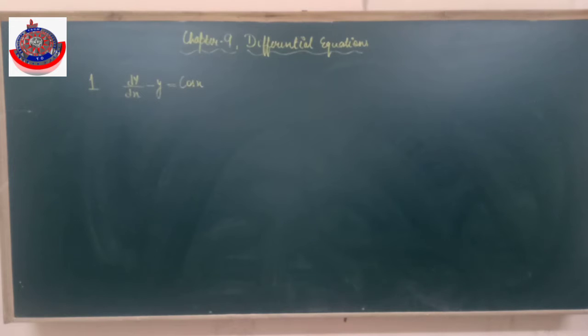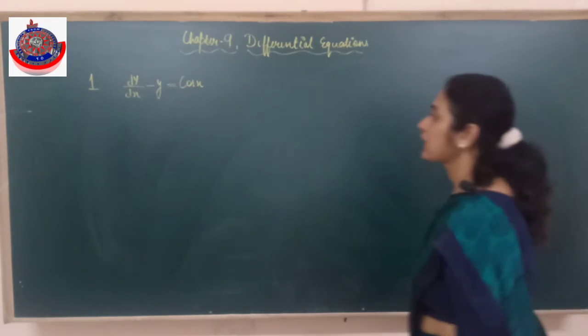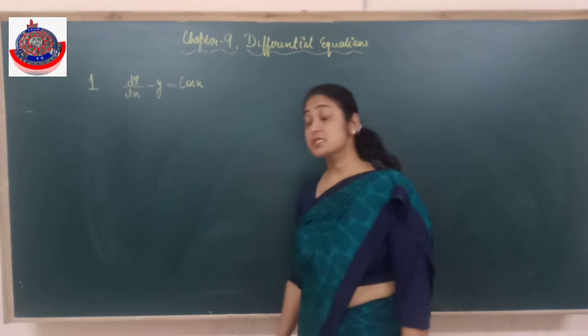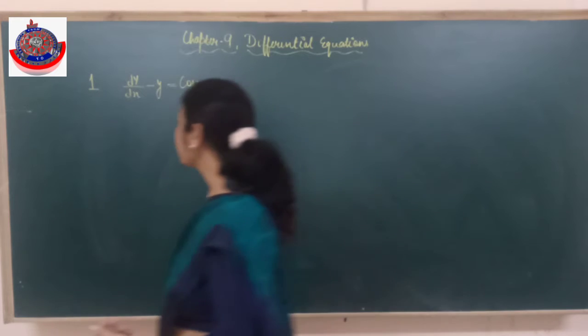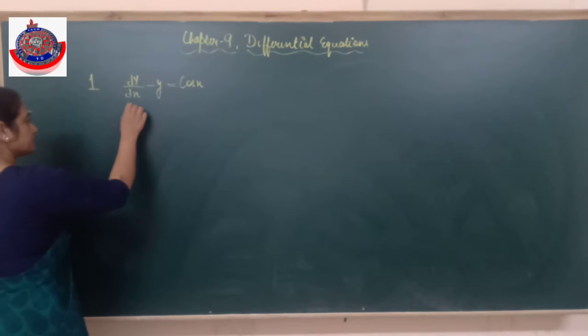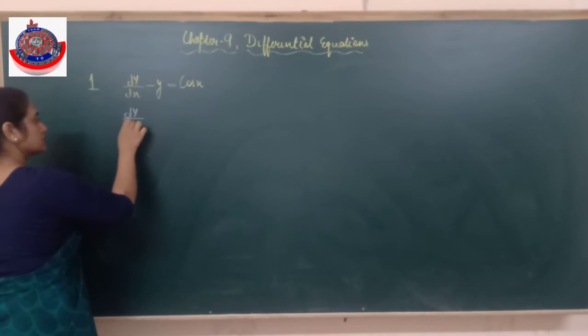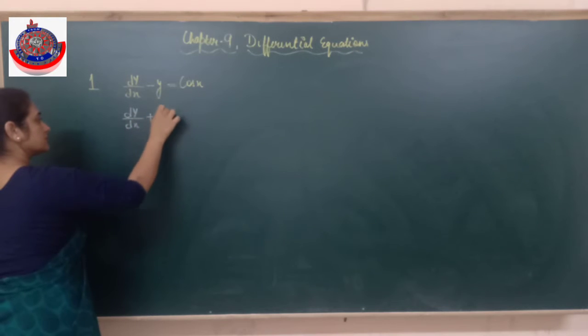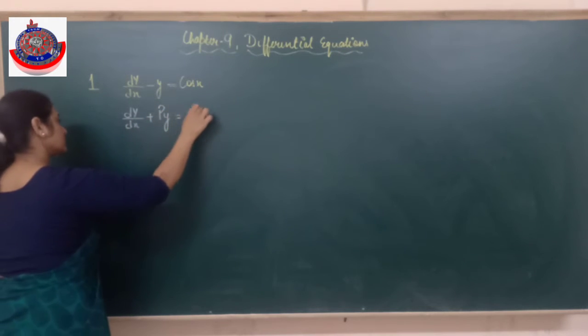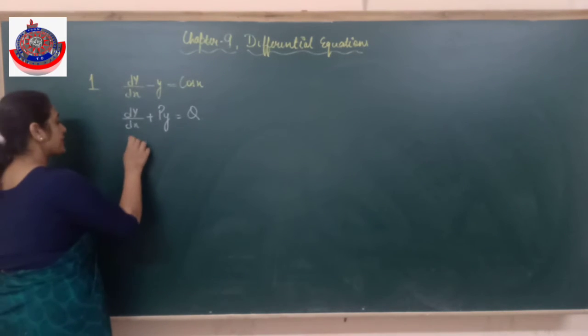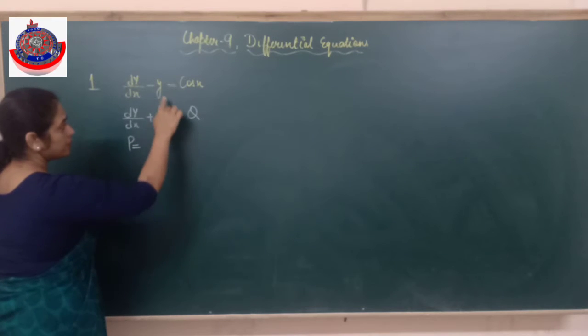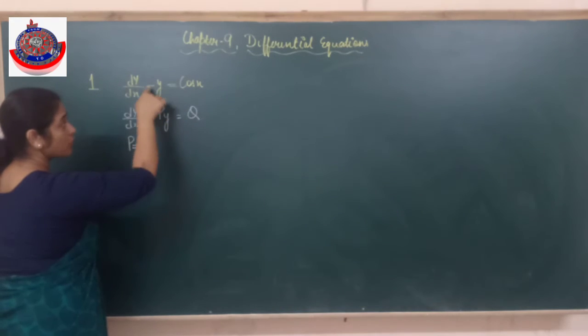Now, look at the first question. dy upon dx minus y is equal to cos x. So I can compare this form with the standard form. What was my first step? My first step was to identify p and q. The coefficient of y, what is that?